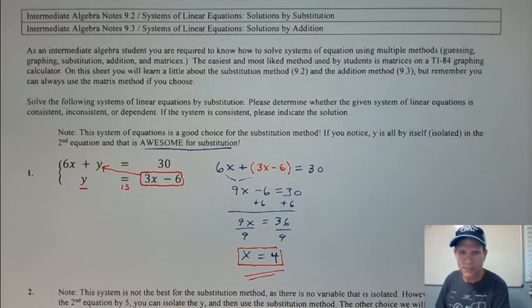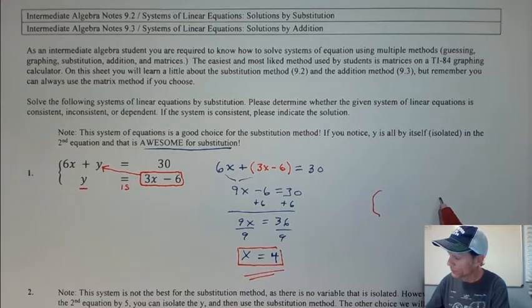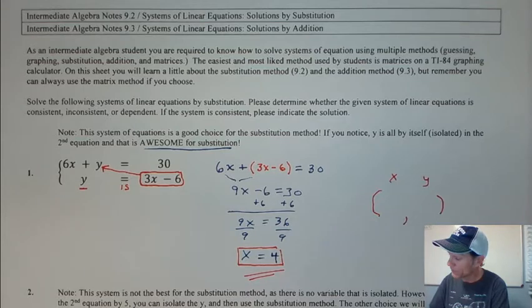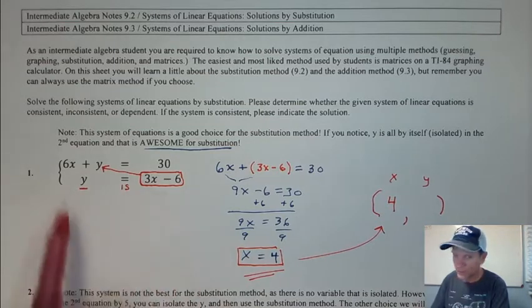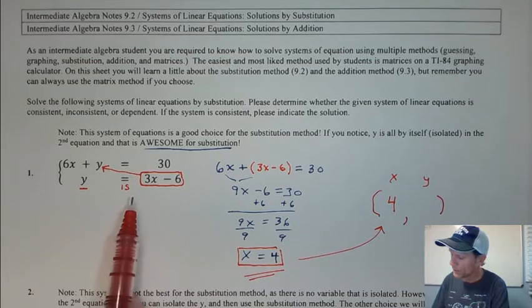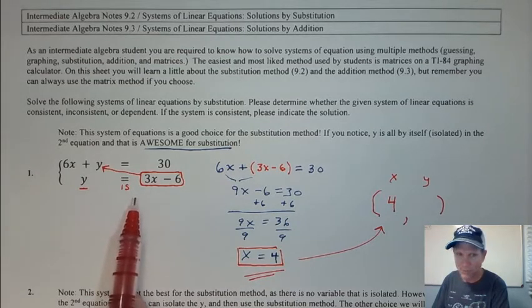But your answer is not complete, because remember, when we solve a system of linear equations, it's the intersection of a point. So we have an x value and a y value, and so far we've only found the x value. What we have to do is go back into one of the original linear equations here and solve for y.